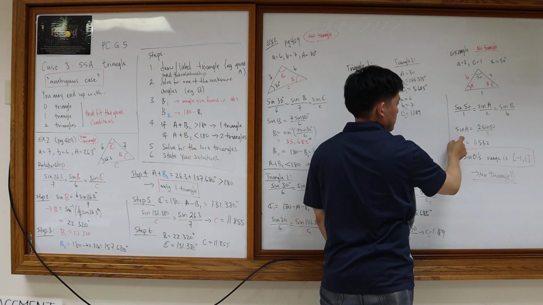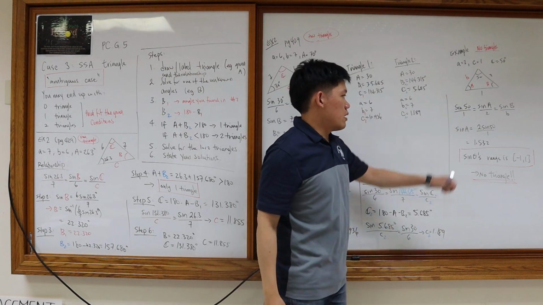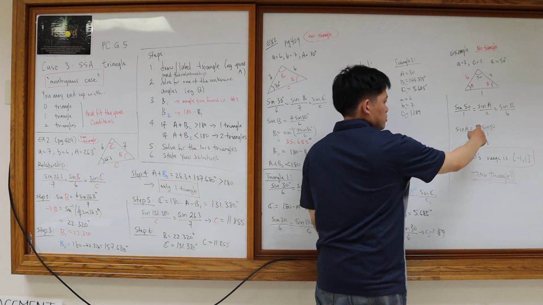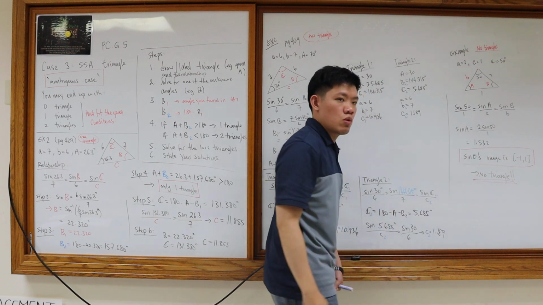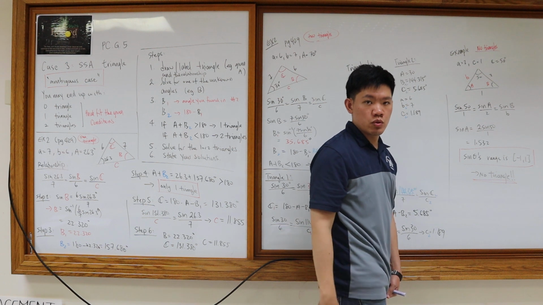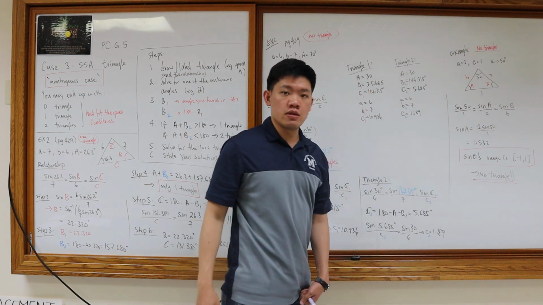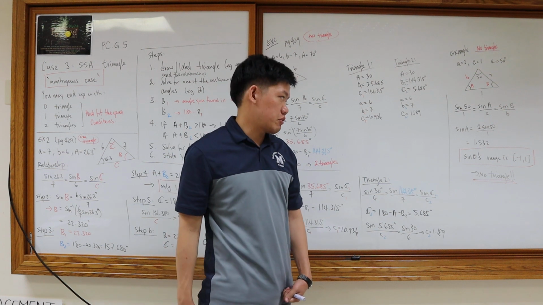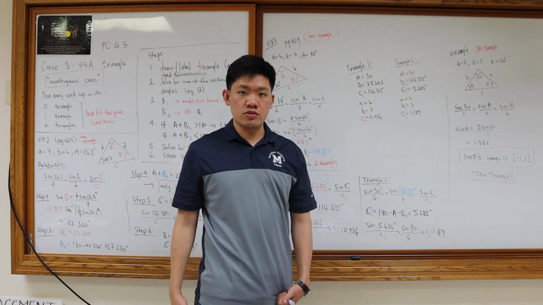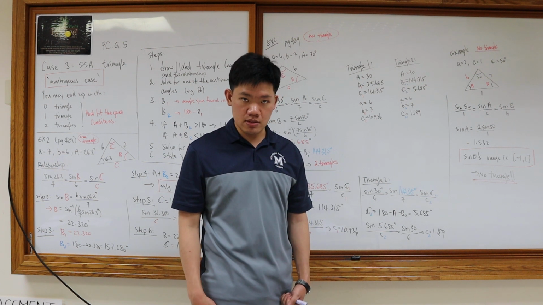So sine of A is equal to 2 times sine of 50 divided by 1. If you put it into your calculator, 2 sine of 50 over 1 is 1.532. But because the range for sine is between -1 and 1, and 1.532 does not fall within the range, that means you cannot solve for this number. Therefore, in this case, the triangle does not exist.